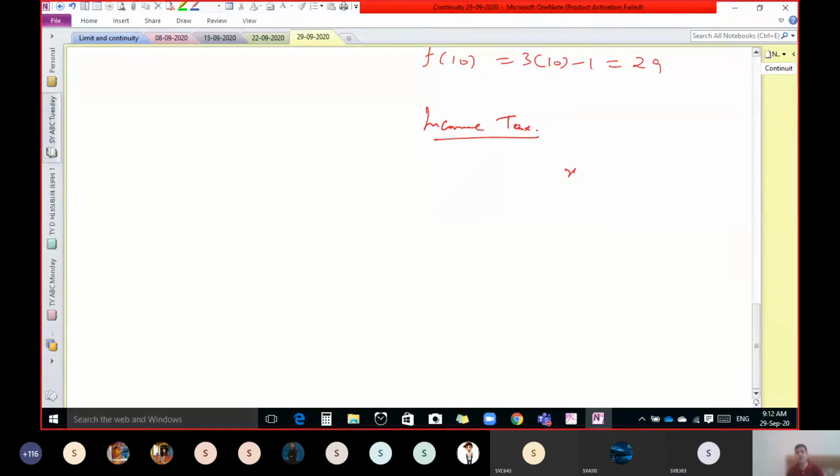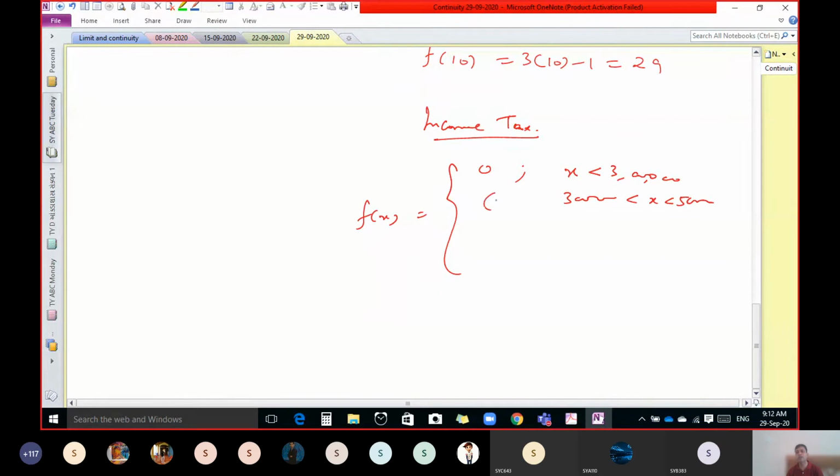If your income, let us say x, is less than 3 lakhs, your income tax, let us say f of x, is 0. But if your income is more than 3 lakhs but less than 5 lakhs, whatever your income minus 3 lakhs, that is the extra income, 10% of that is your income tax.